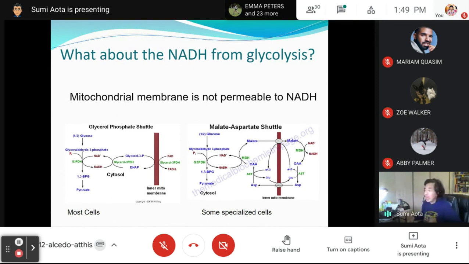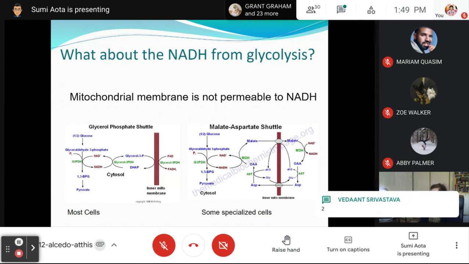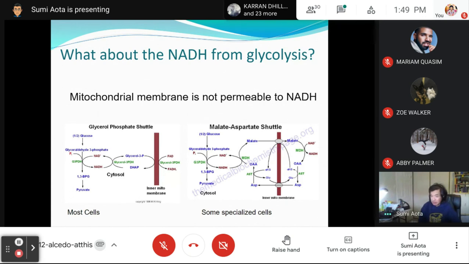So that means in the majority of cells, the NADH from glycolysis will make how many ATPs? 2 or 3? Only 2. The exception are heart and brain cells.